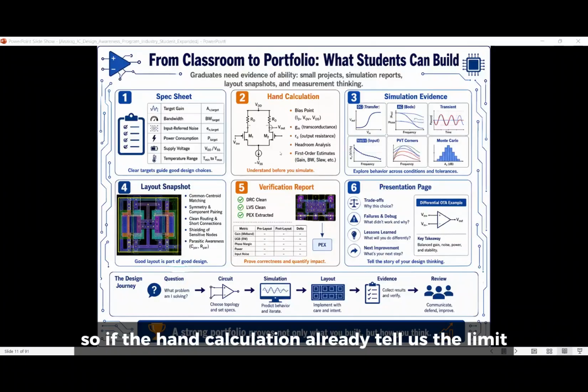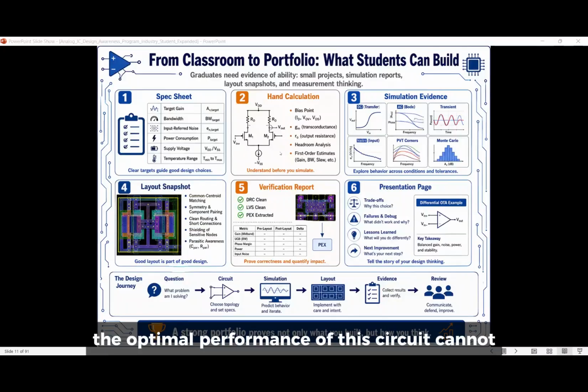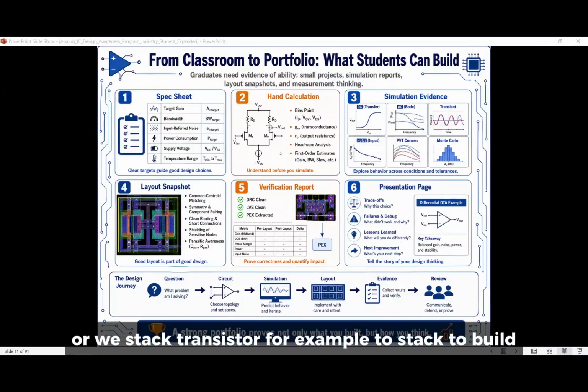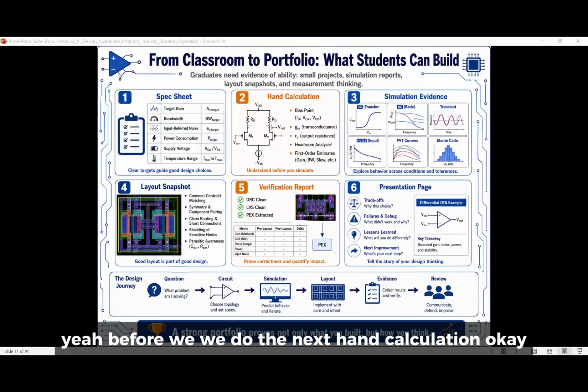Okay, so if the hand calculation already tells us the limit of this circuit, even the optimal performance of this circuit cannot meet the specification, we must change our mind. We must move to another topology that can potentially solve the problem, or we stack transistors, for example, to build one more stage amplifier, before we do the next hand calculation.